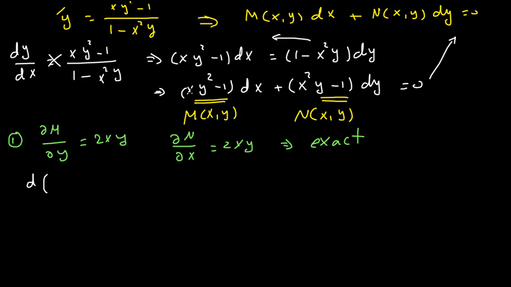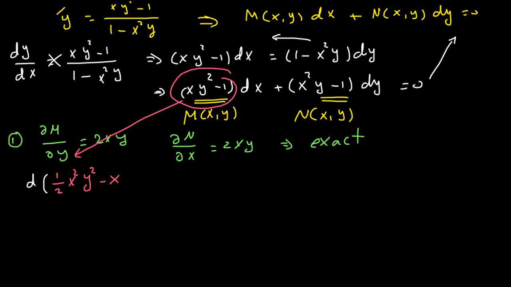The logical result that we can think of for this one is 1 over 2 x squared y squared, and to get this minus 1, it will be minus x. Now if we differentiate this with respect to x, we will get 2x multiplied by 1 over 2, so we will get x y squared, so this is correct. And when we differentiate this one, we will get minus 1, so this is correct.